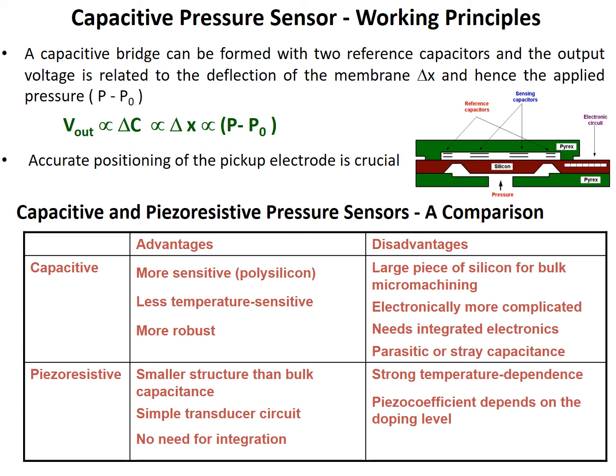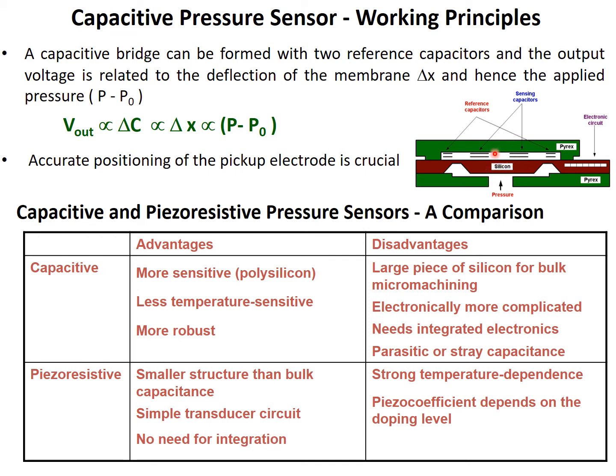As you remember, capacitive pressure sensor means when we apply the pressure on the diaphragm, on the diaphragm we deposit some sort of metal electrode, and above that we have some reference frame, and on that frame also we have some electrodes. When the force is applied, the diaphragm moves, so the gap between this fixed frame and this diaphragm will change, and that gap will be calibrated or measured in terms of the capacitance value, right?